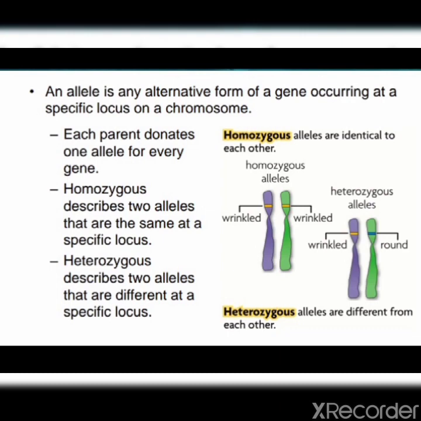For example, in the character of seed shape, there are two possibilities. Either one seed can be round in shape and another can be wrinkled in shape. Thus, there are two alleles of this gene, one for round and the other for wrinkled.